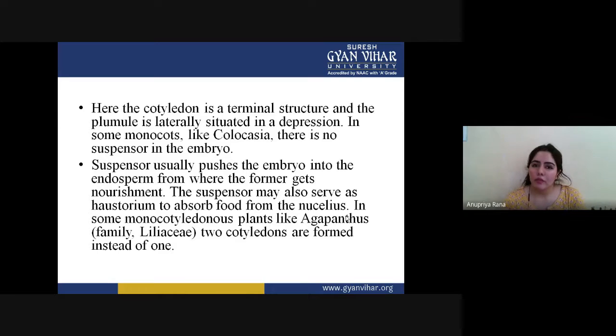So when they get nutrition from the nucellus, it looks like they have two cotyledons. That is not a standard cotyledon, but it looks like two cotyledon phases, although originally they have just one single cotyledon, as they are true monocotyledons.